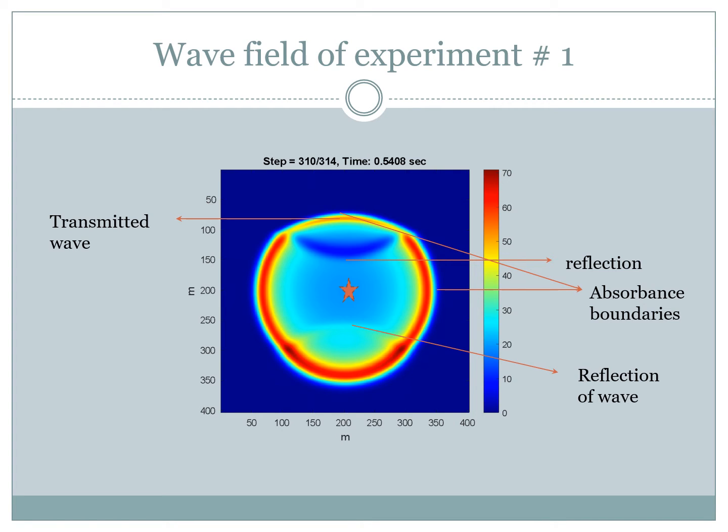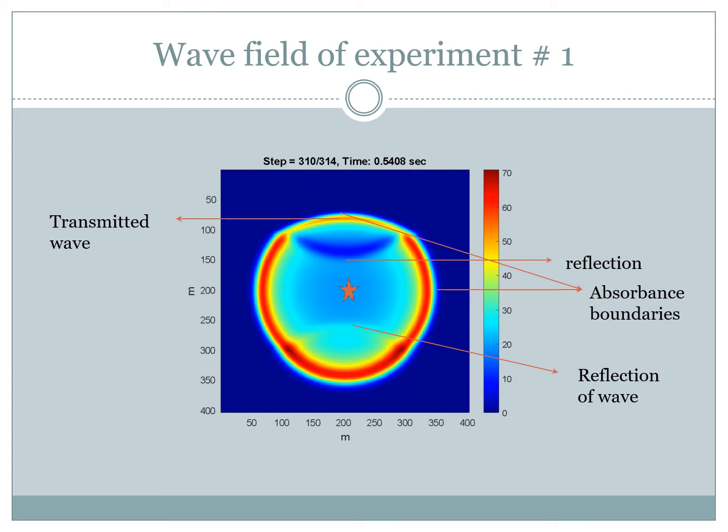The wave field will be reflected back from the reflector, and the other part will be transmitted into the top and bottom layers. The reflections are described by Snell's law, which we will talk about a little bit. And the reflected wave at the top has a lower amplitude than the reflected wave at the bottom.